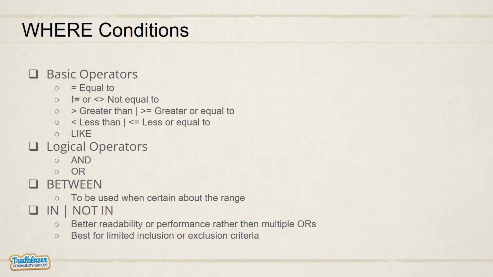Then there is something called logical operators. We usually use logical operators where we have multiple where conditions. I want to have customers who have opened their emails and their status is active. They are not unsubscribed. I want to send email. So that is an AND operator.